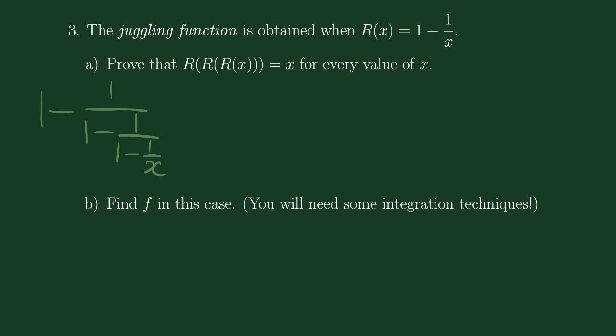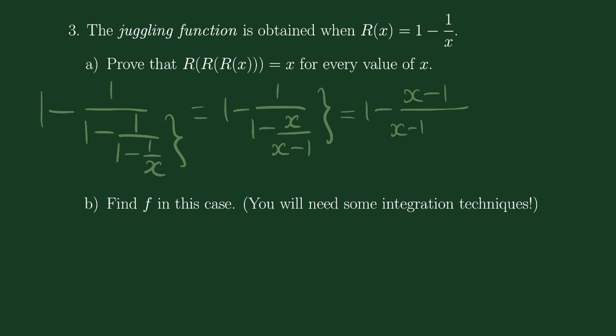To simplify this fraction, I'm going to multiply the top and bottom of this fraction by x to give 1 over 1 minus 1 over x minus 1. And then we're going to multiply the top and bottom of this fraction by x minus 1. Now, luckily, some cancellations happen. x cancels with minus x to get minus 1. And we end up with 1 plus x minus 1. These cancel out, and we just get x.